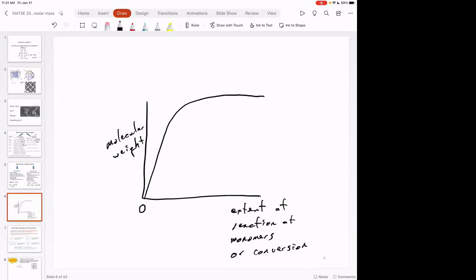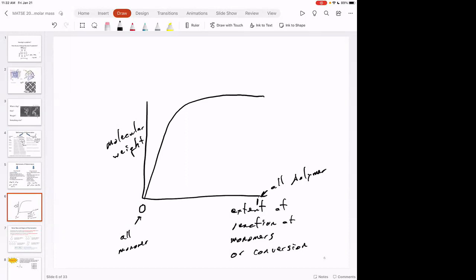Extent of reaction of monomers of 1, this is all polymer. And we'll talk a lot about that in the future, but just keep this plot in your head, all monomer. And of course, between 0 and 1, I've got a mixture of polymers and monomers because I'm still growing polymers in there.